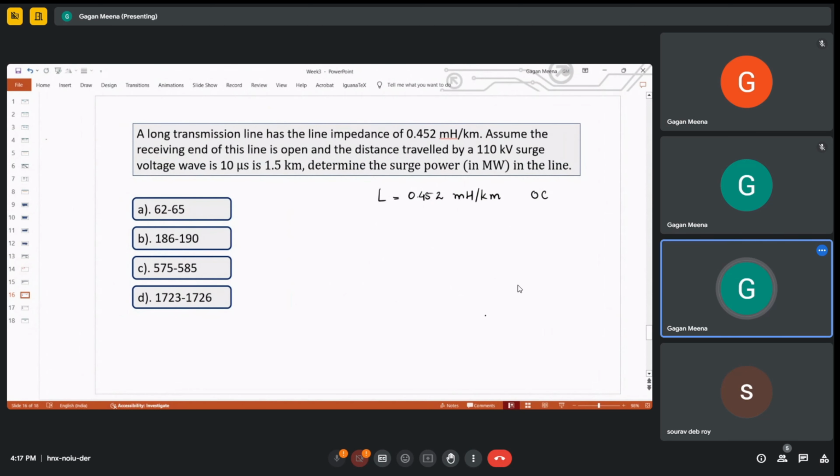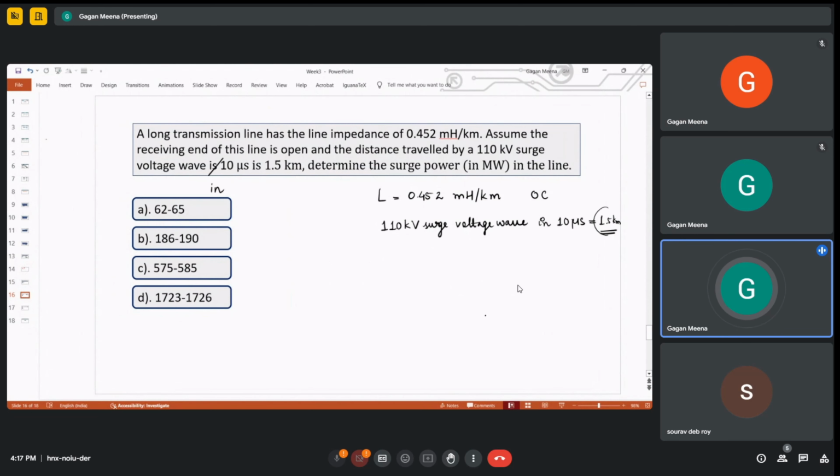The distance traveled by a 110 kV surge voltage wave in 10 microseconds is 1.5 kilometer.